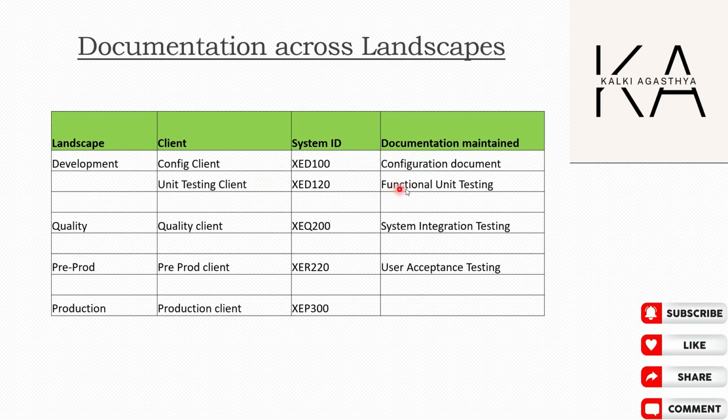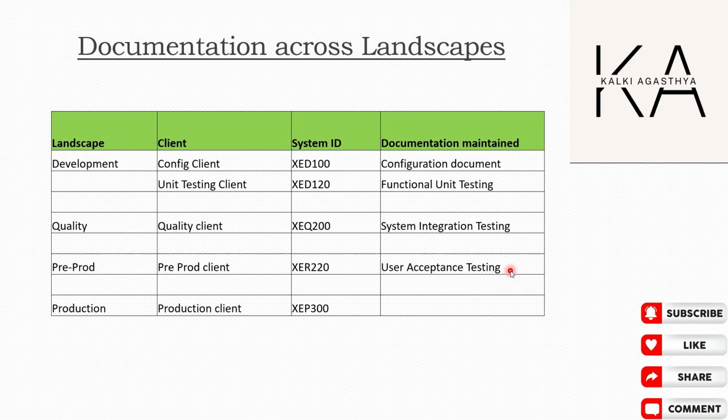Once the changes move to the unit testing client, we perform, as we discussed earlier, the functional unit testing, which is a standalone single module testing. Once the testing is successful based on the evidential fact and the documentation, we move the changes to the quality system, and then we perform system integration testing. It could be a multi-module testing, and once the testing is successfully completed in the quality system, we move the changes to the pre-prod client where we perform the user acceptance testing.